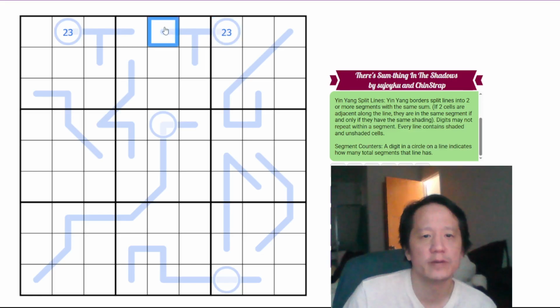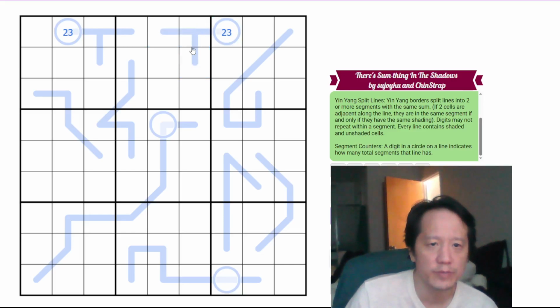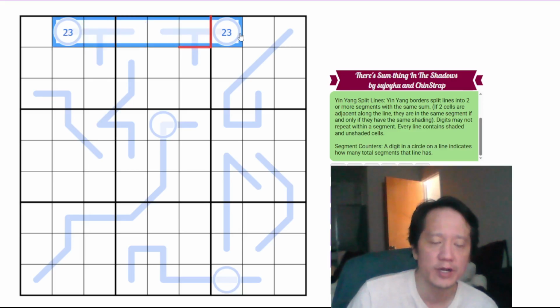Okay, yeah, this can't be the 3. If this were the 3, how would you break it up? You would have to break it up this way and this way, right? Because these two would have to be the same. This would then be 3. This would have to be 3 because it must equal the same sum as this. And this would have to be 1 and 2. But because of the 2, 3 pair, we know this cannot be 1 and 2 in this row. So that does not work. So this cannot be 3.